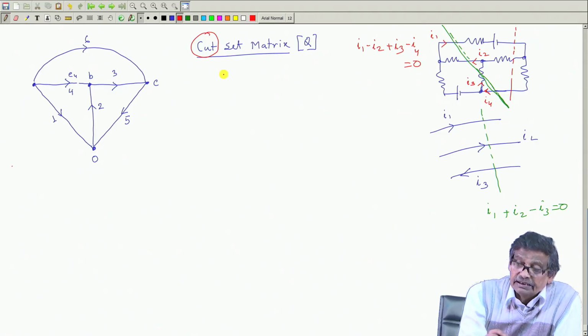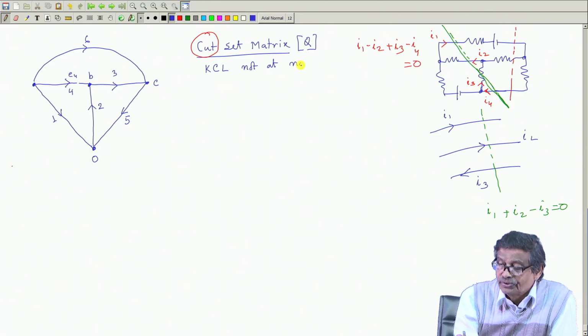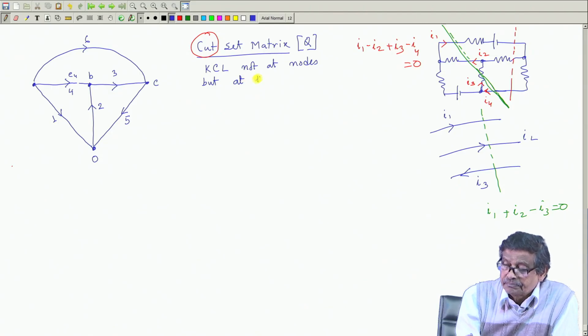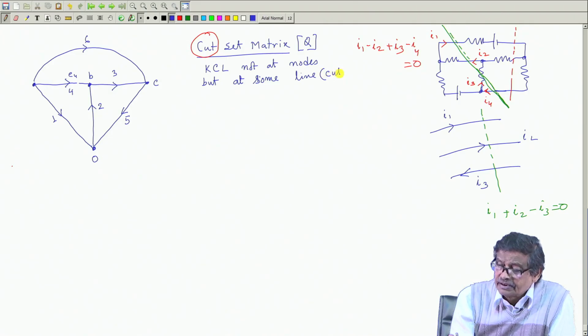It also basically involves KCL, not at nodes, but at some line, which we call a Cutset.